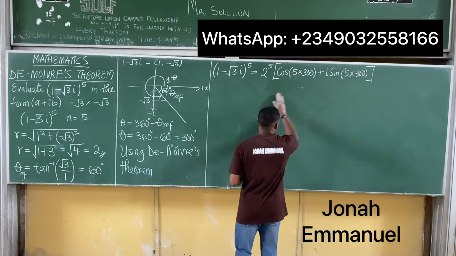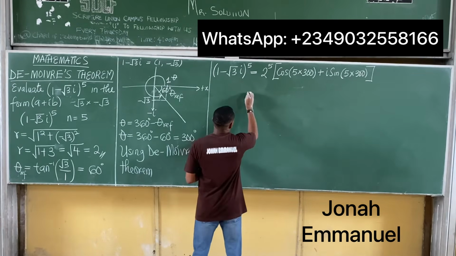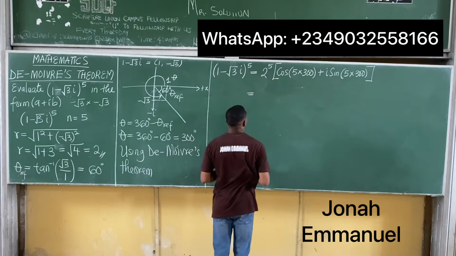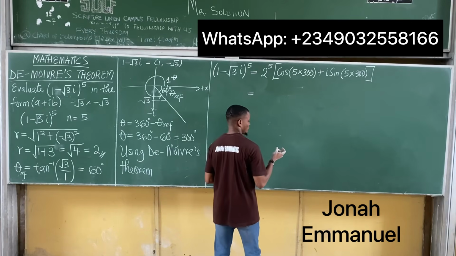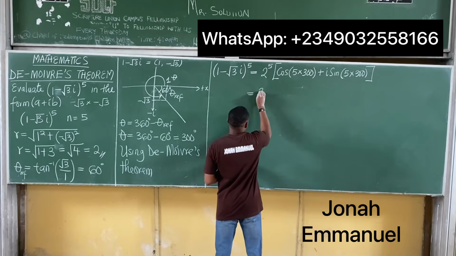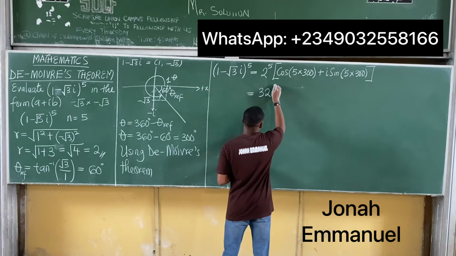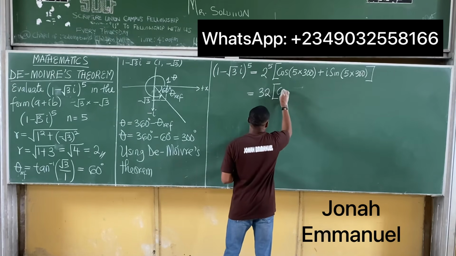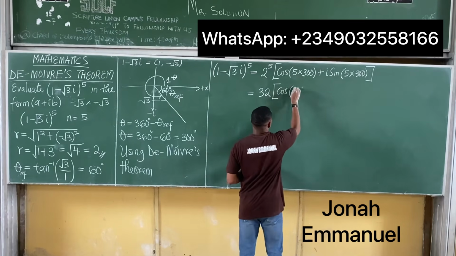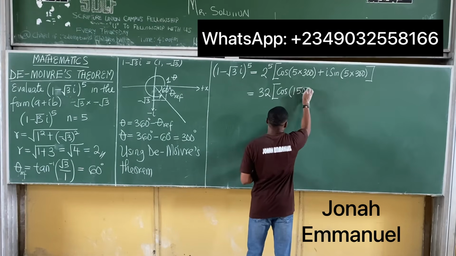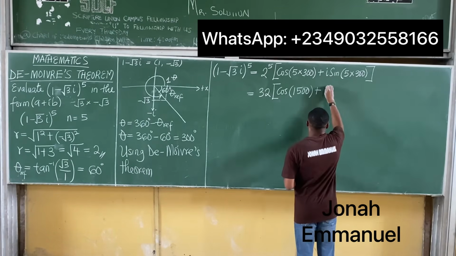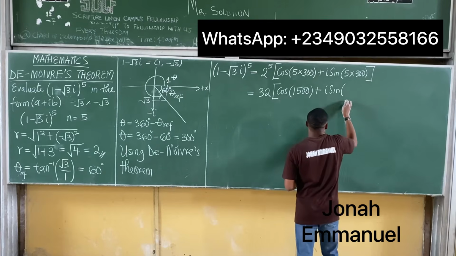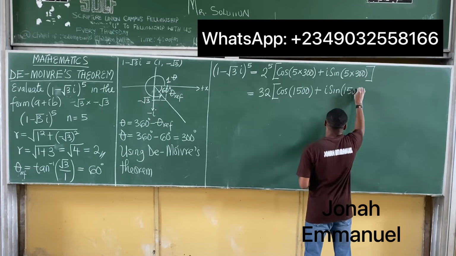All right, so I have this one here. Let's simplify this. This is equal to 2 to the power 5. That's 32. 2 times 2, 4 times 2, 8 times 2, that's 32. So 32 into cos 1,500 plus i sine 1,500.